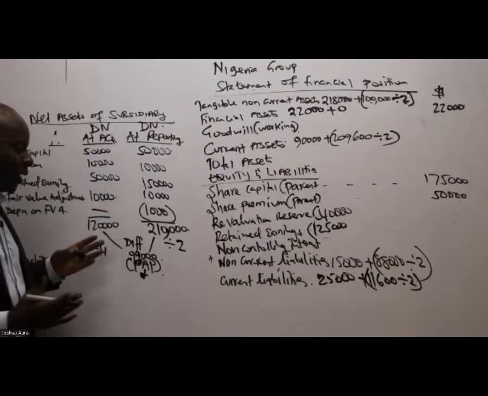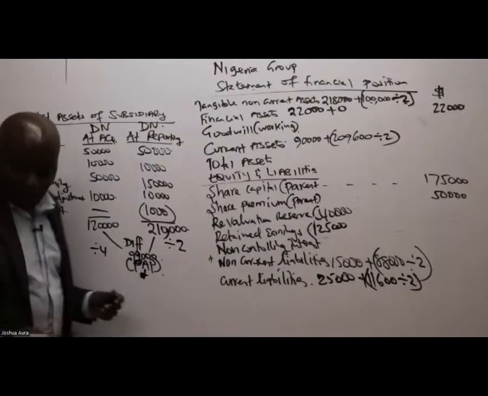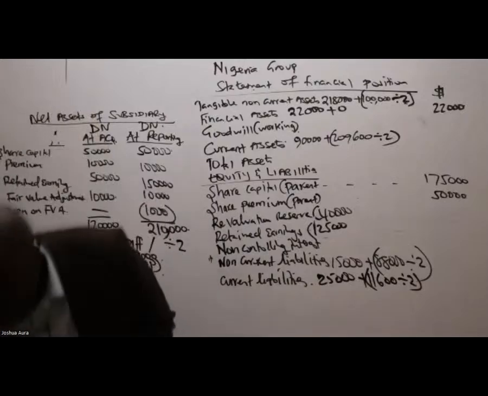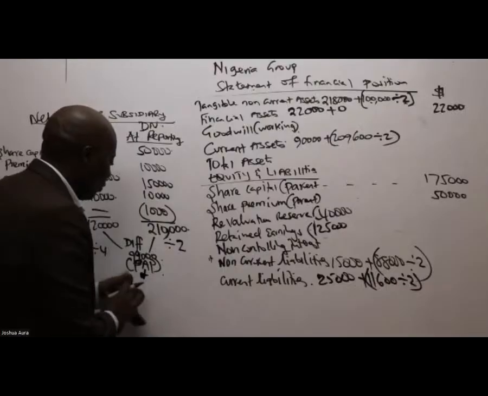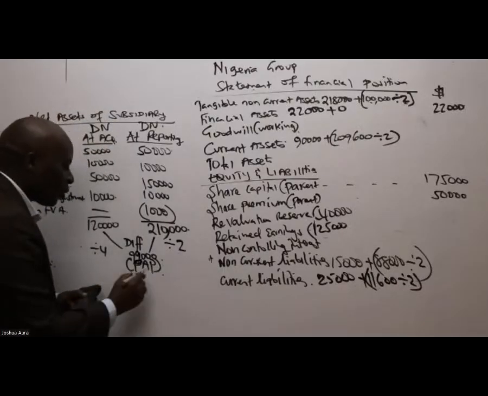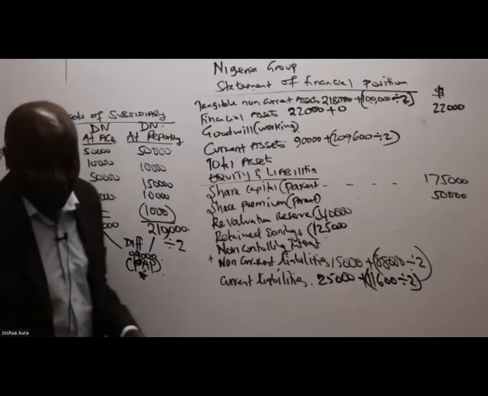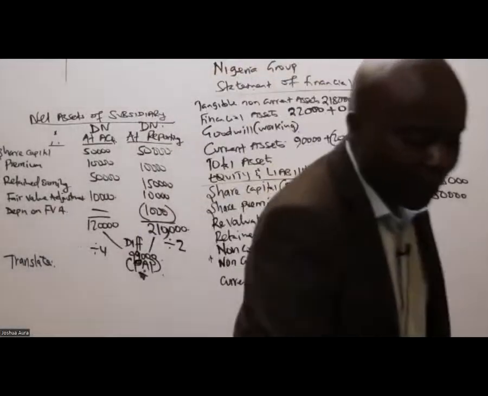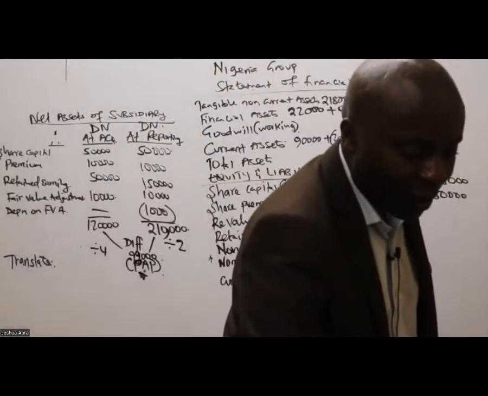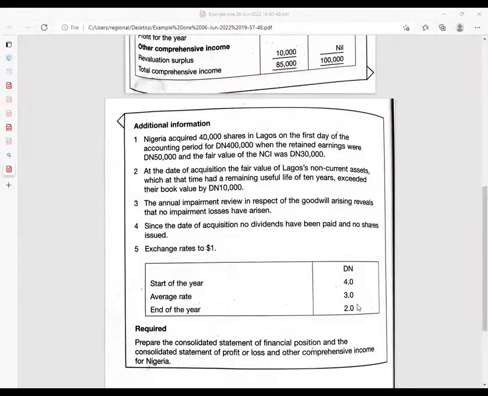So look for the average rate, and then we use it here. So divide this by the average rate. The average rate has been provided. It's 3. So divide this by 3.